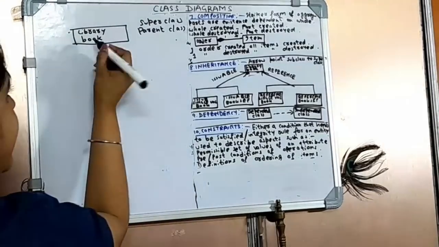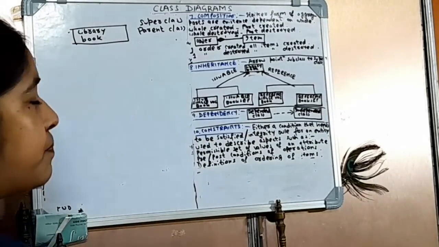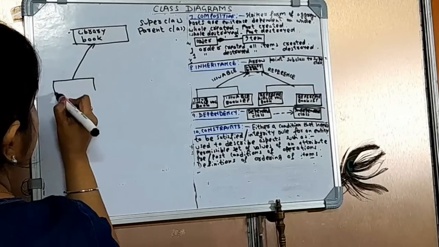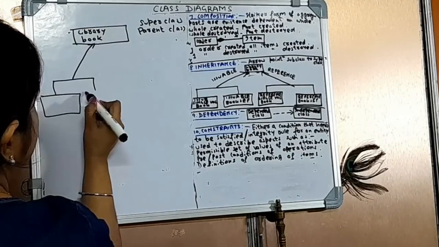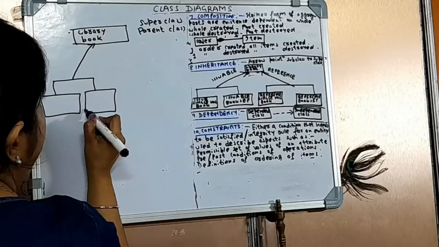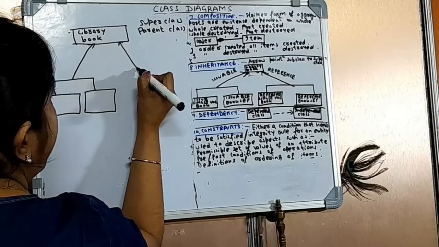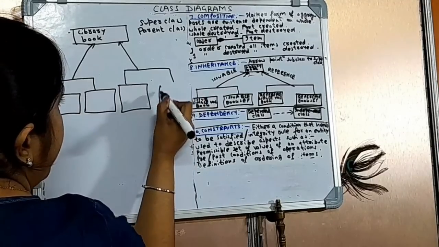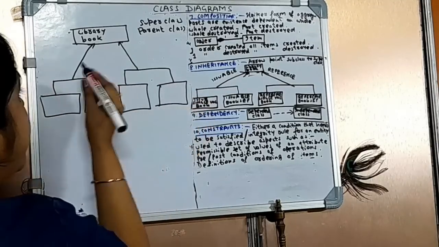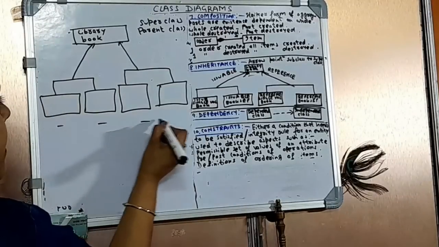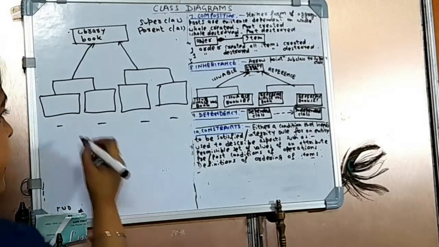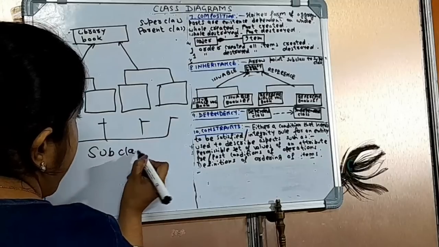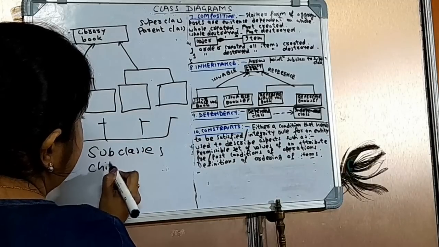Here I am going for two types of inheritance: one arrowhead for a particular relation, this is 1 and this is 2. Again an arrowhead and two relations, this is 1 and this is 2. These are my subclasses, that is, our child classes.